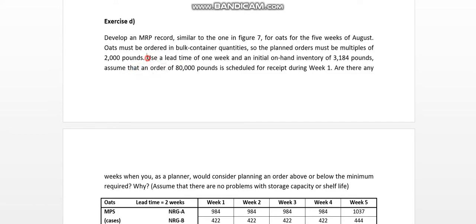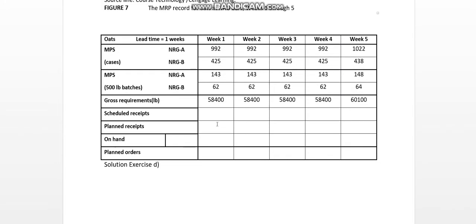You see here it says use a lead time of 1 week. This is also a crucial point. 1 week, what does it mean? And an initial on-hand inventory of 3,184 pounds. And also assume that an order of 80,000 pounds is scheduled for receipt during week 1. So in week 1 we will receive 80,000 pounds because it was ordered in the previous month.